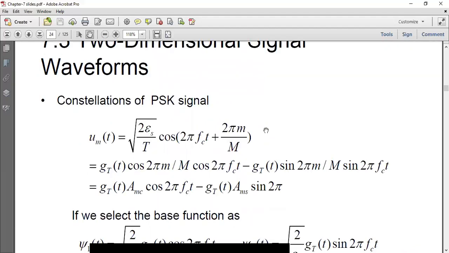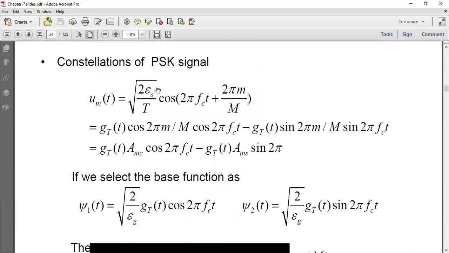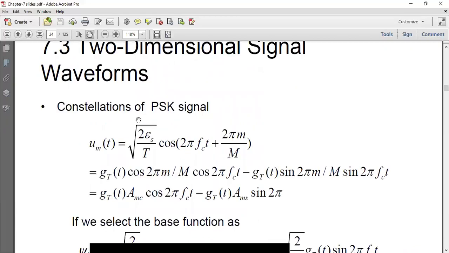Now the two-dimensional signal waveform constellation of 2 PSK, or any PSK, can be derived from this expression. First of all, you have to find the band pass signal.